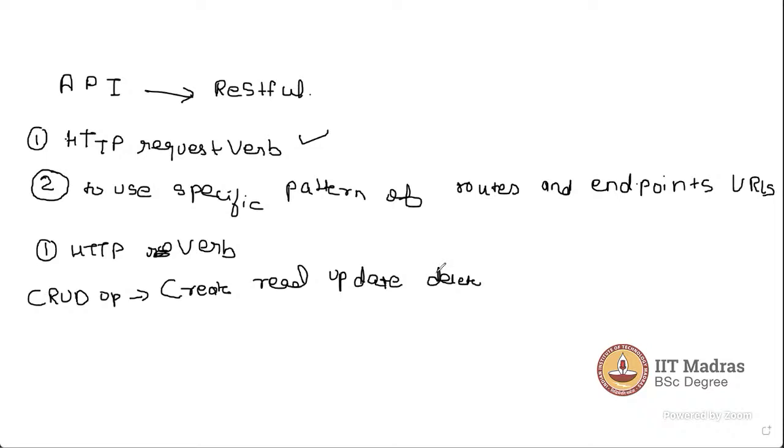So you know about CRUD applications and how they are connected to HTTP verbs. Let me give you an example of how they are connected to HTTP verbs, as we are talking about how to make an API RESTful. One by one we will talk about it. So first is get.